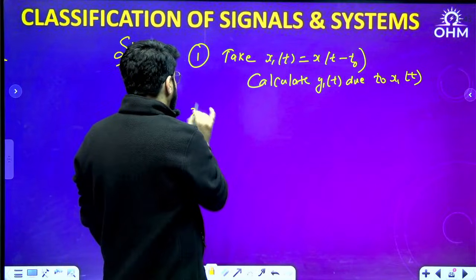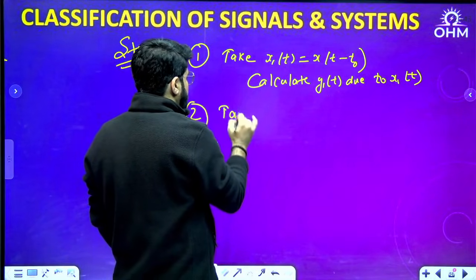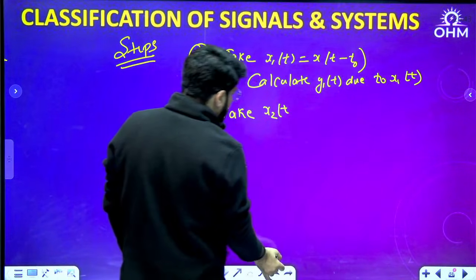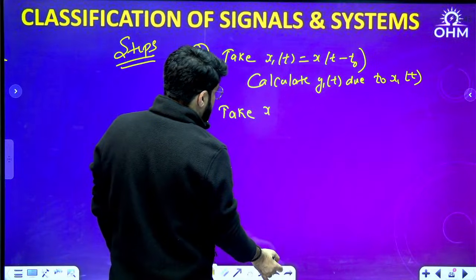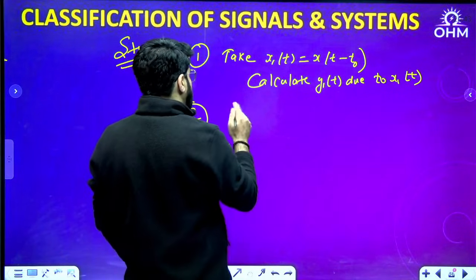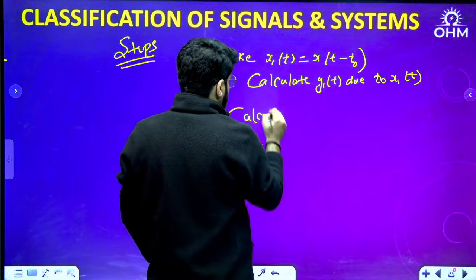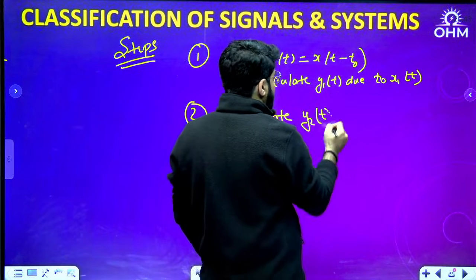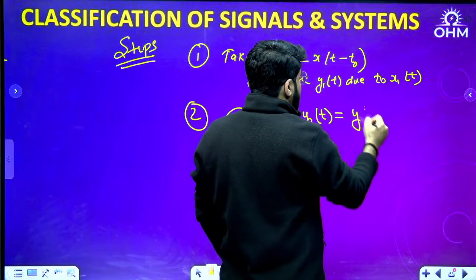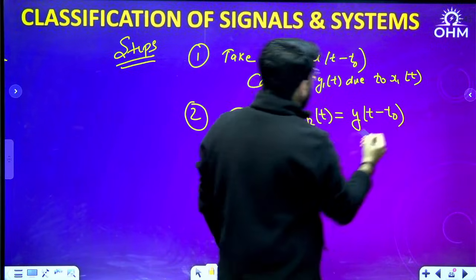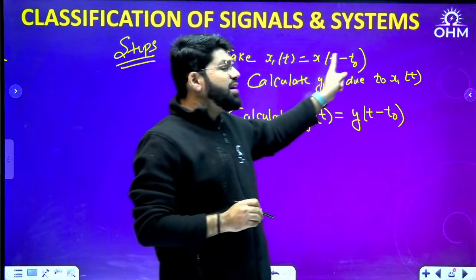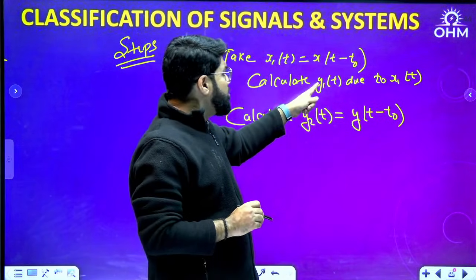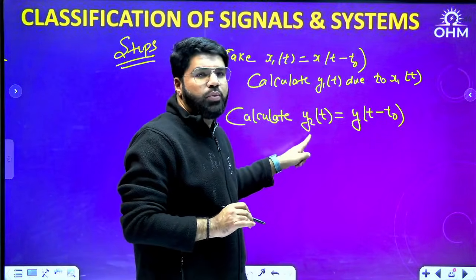Step number 2: directly calculate y2(t) equal to y of t minus t naught. If the input applied is x of t minus t naught, the output should also be y of t minus t naught. That means output y1 should be equal to output y2.